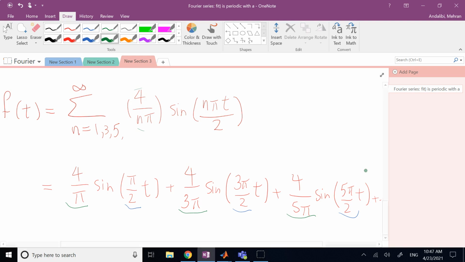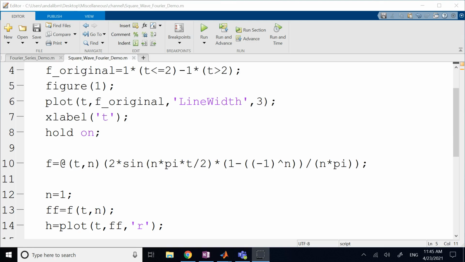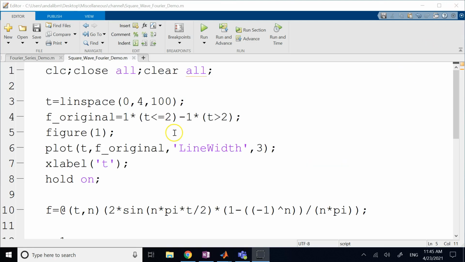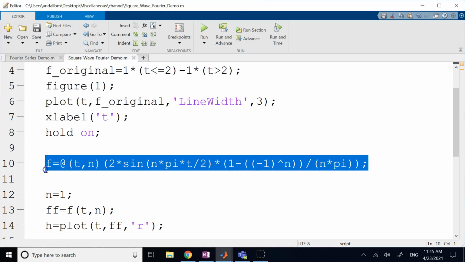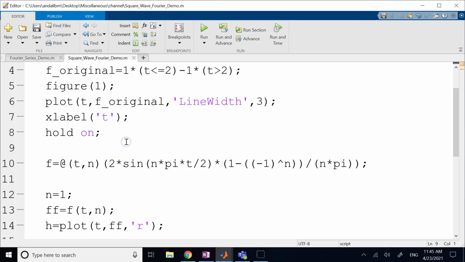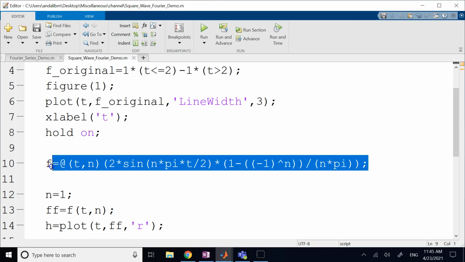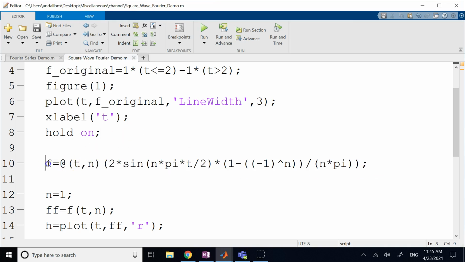Okay, and I'm going to show you that first through a MATLAB code. So here I just wrote this code, and I have the bn's written as an anonymous function in MATLAB based on t and n.